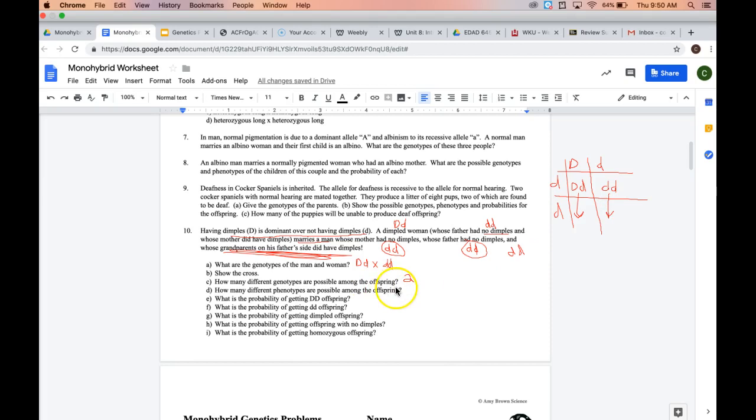Okay. How many different phenotypes are possible? Again, two. Probability of getting DD offspring is 0. Probability of getting homozygous recessive offspring is half. So we'll just do 50%.